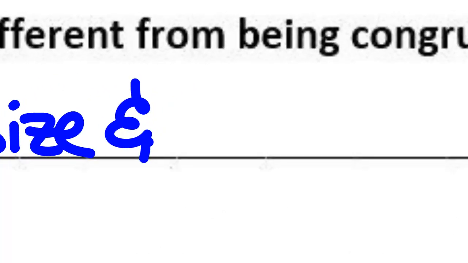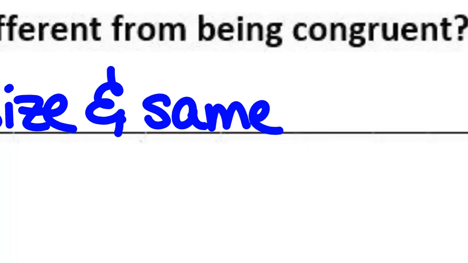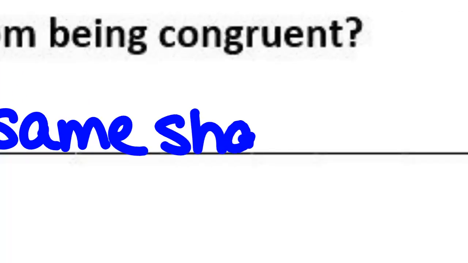Yes, that's absolutely correct. Congruence: same size and same shape. Dilation: different size, but still same shape.